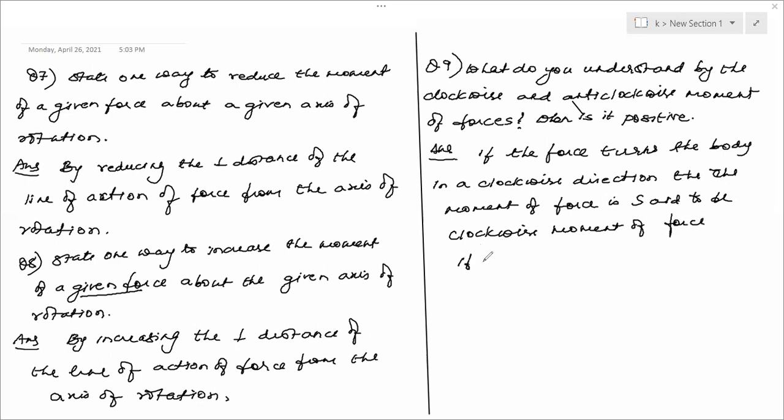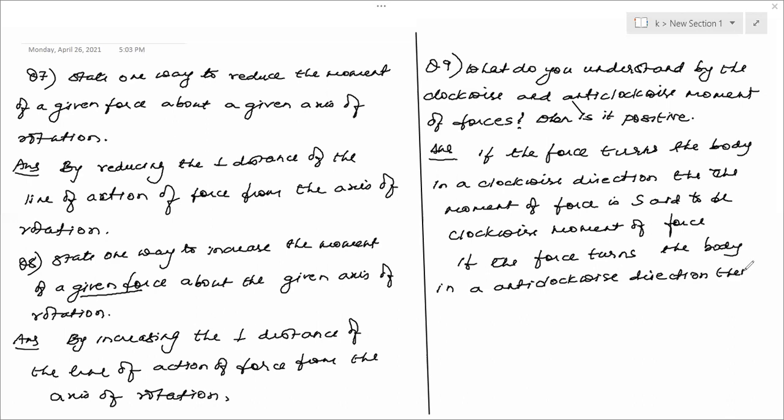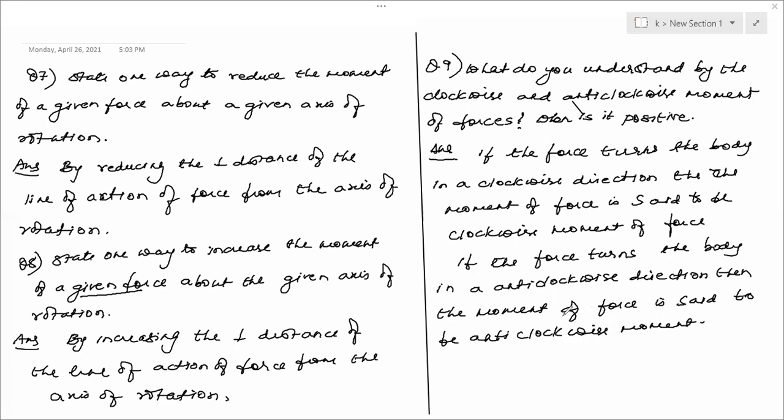If the force turns the body in an anti-clockwise direction, then the moment of force is said to be anti-clockwise moment of force, okay?